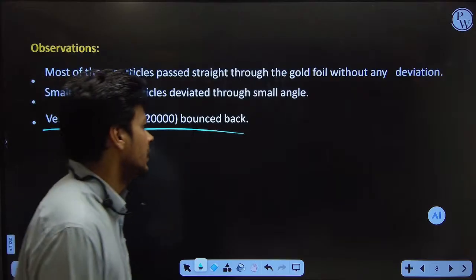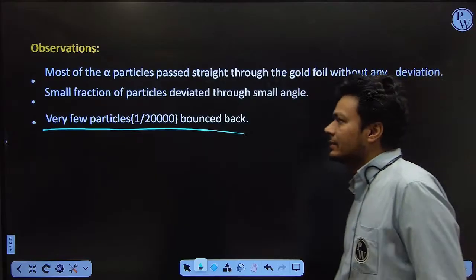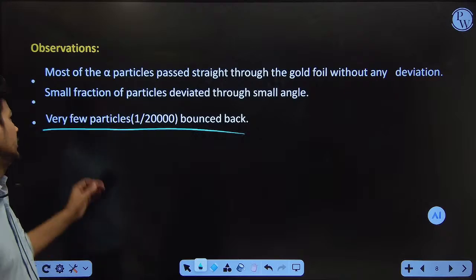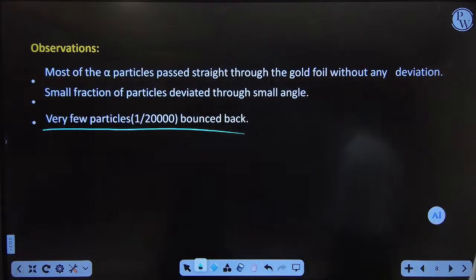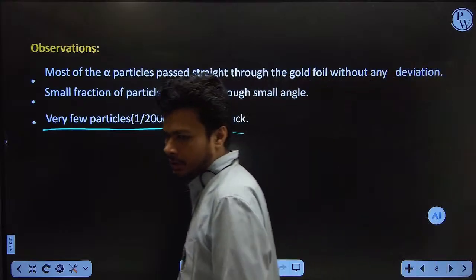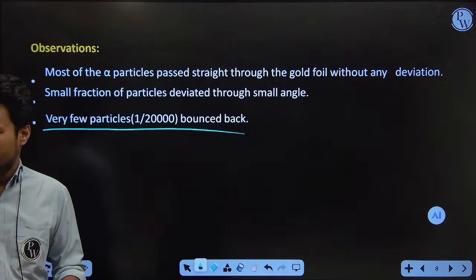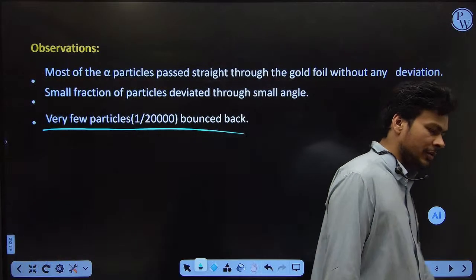Okay. And now from each of these observations, we can make one conclusion. What is the conclusion from the first one? The Thomson model is out of the question instantly. Second, a small fraction of particles deviated through a small angle.